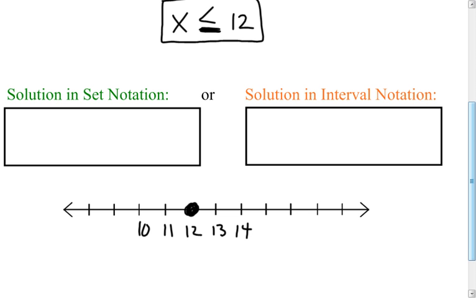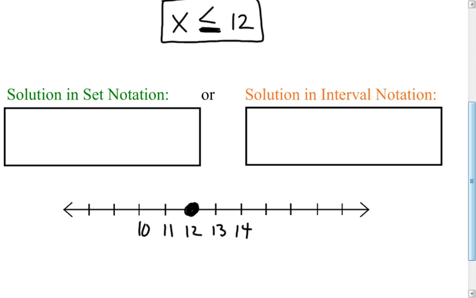This is how I remember it: it takes more ink to make this symbol than it does to make this symbol. So when I go to make my circles, it takes more ink to color it in than not, and that's how I remember it. So my magic number is 12 here.